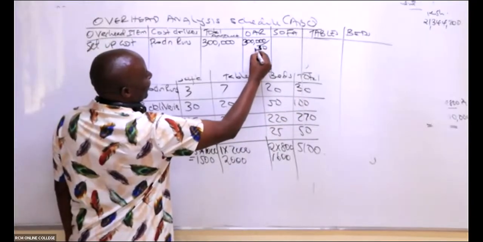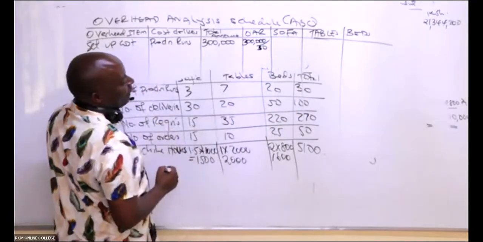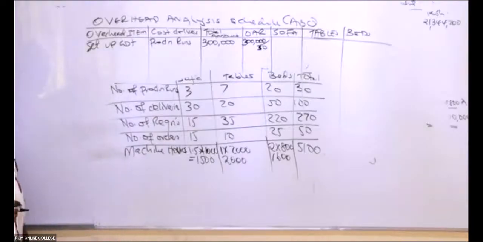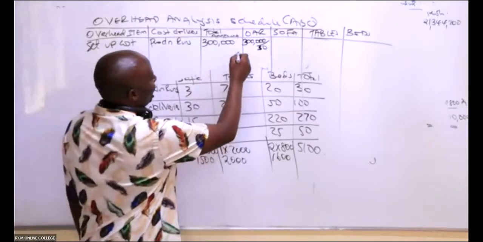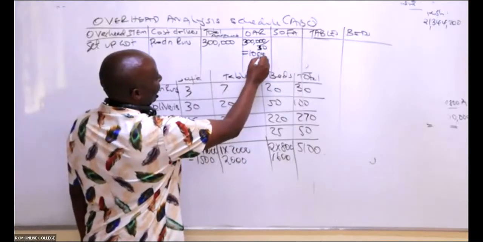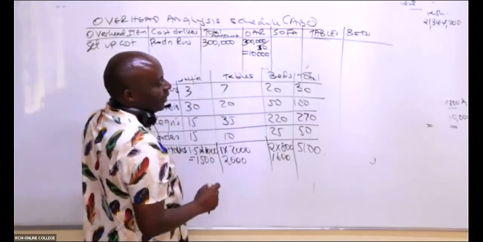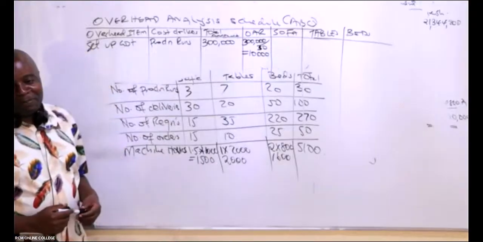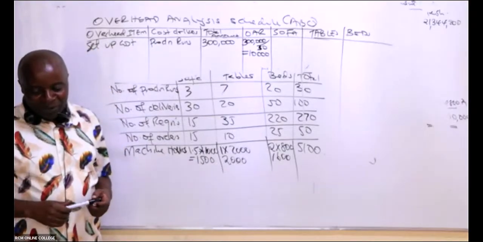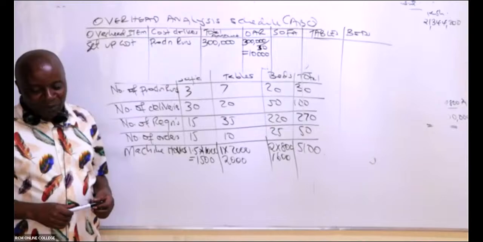Divided by 30, I'm being given a figure of 10,000. So this is 10,000 per run.